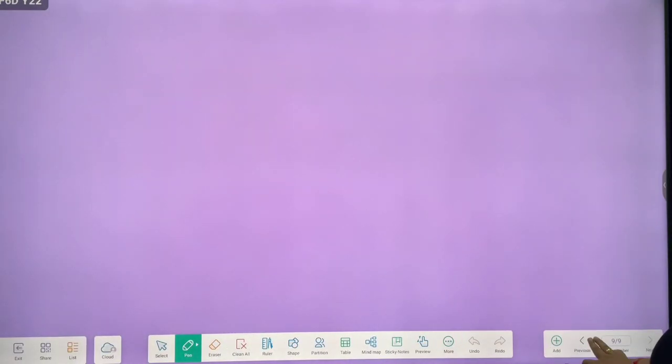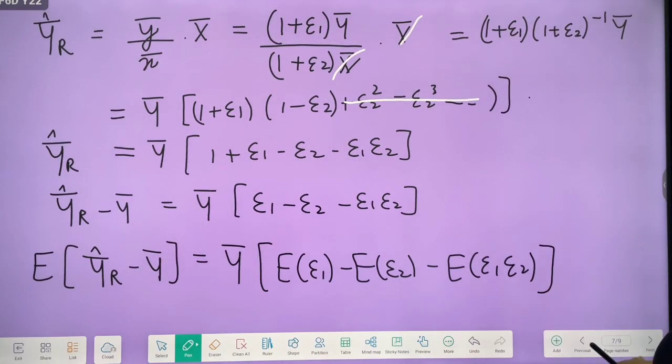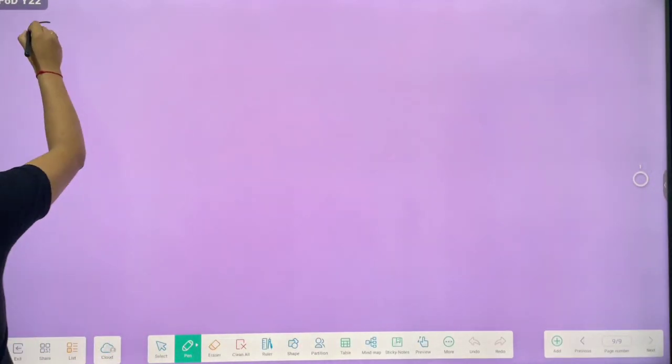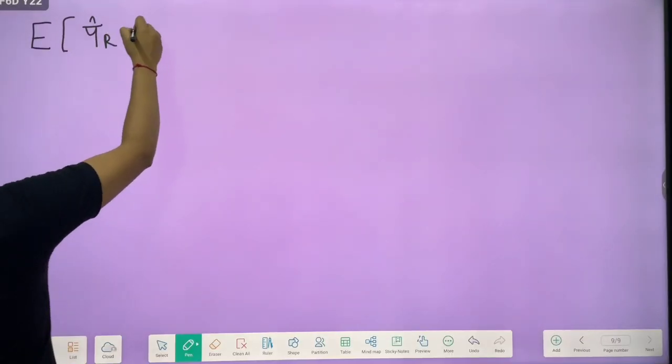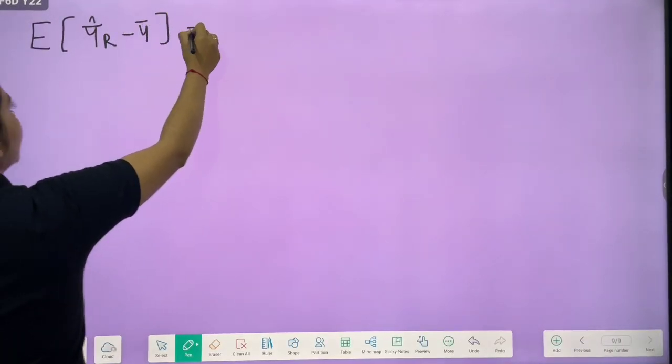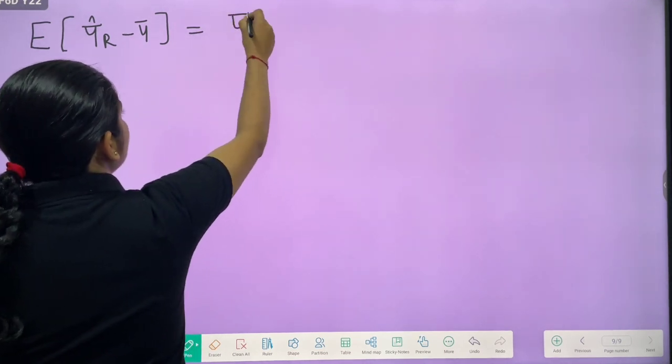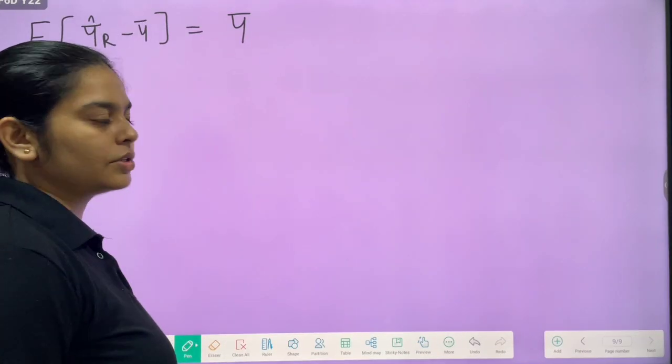So putting the value in the equation, estimation of y bar r minus y bar is nothing but, now we know that estimation of epsilon 1 and epsilon 2 is 0.